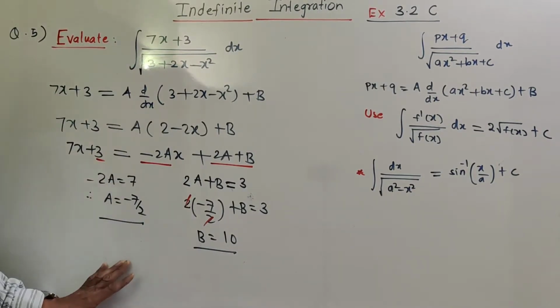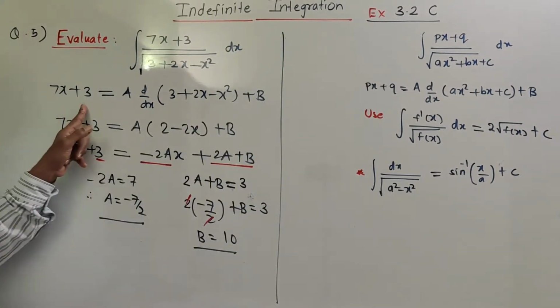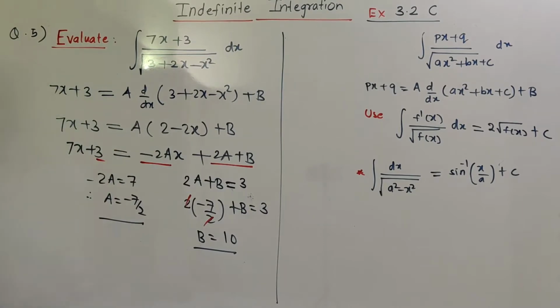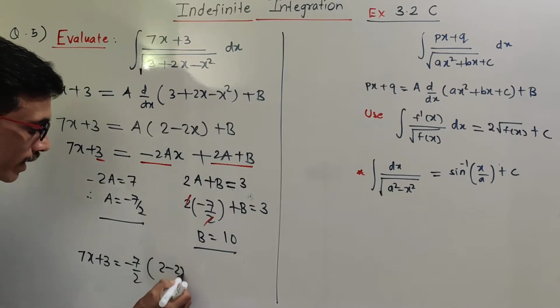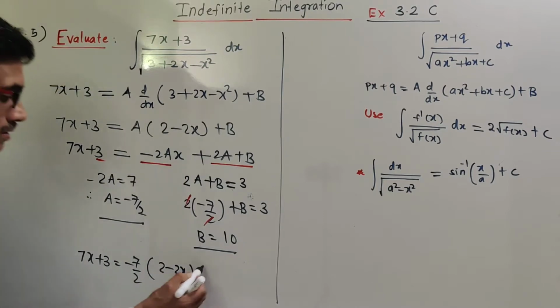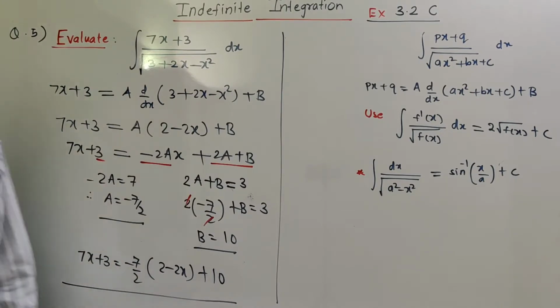After getting constants, we write 7x plus 3 is equal to a into d/dx of (3 plus 2x minus x square), a is minus 7 upon 2, into 2 minus 2x plus b, b is 10. This is our numerator, 7x plus 3.